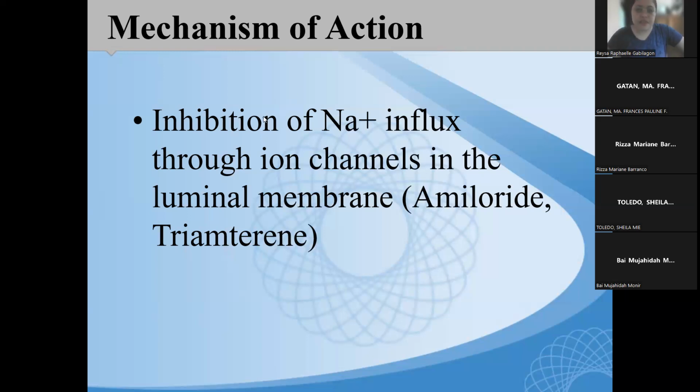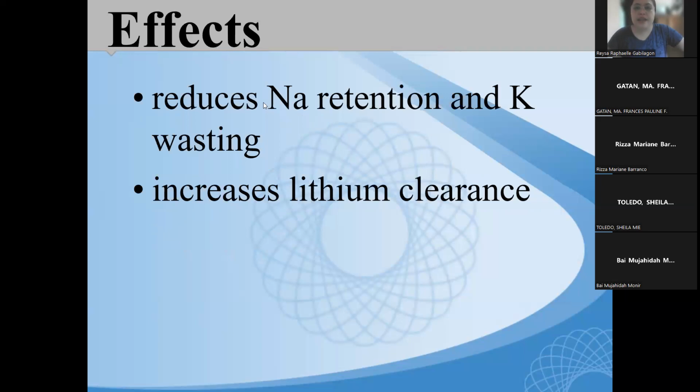Sila yon, silang dalawa, amiloride and triamterene. So, they reduce water retention and sodium retention, which means these two are excreted, but they reduce potassium wasting. So, they are sparing potassium also, just like our spironolactone and eplerenone.